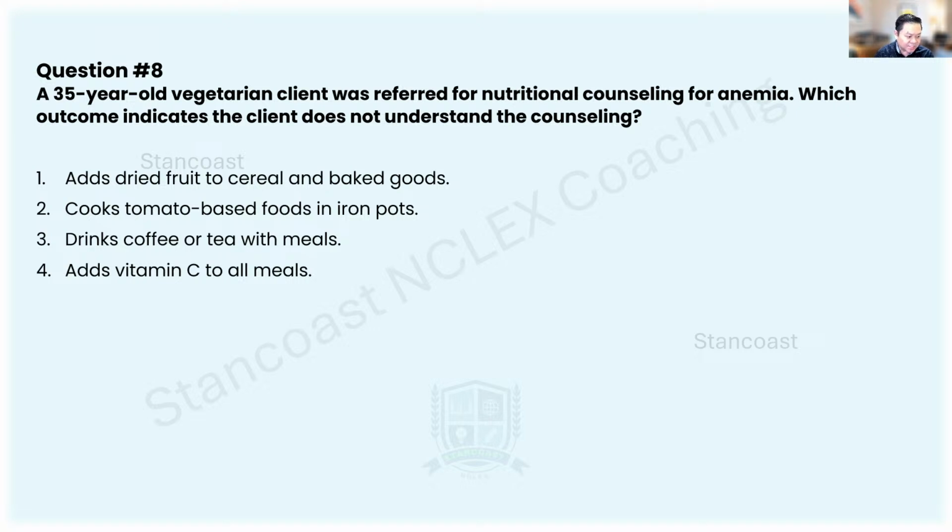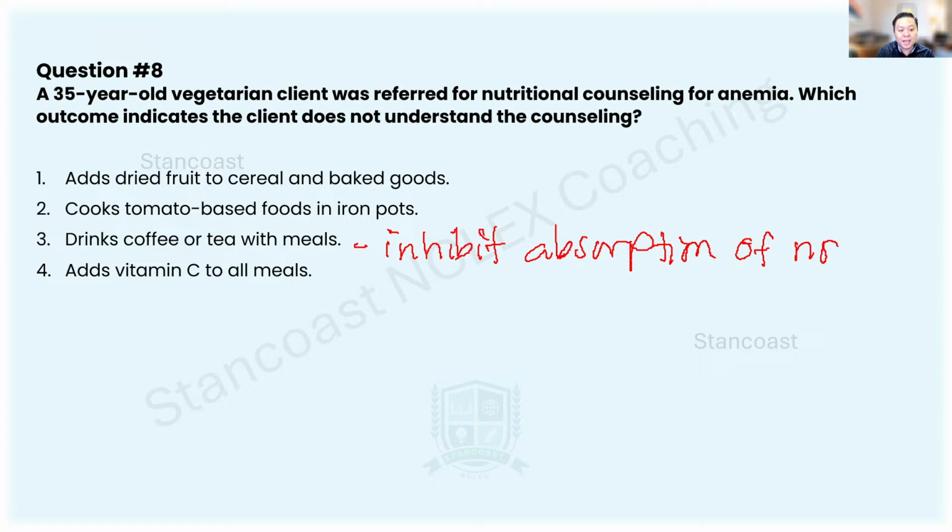Virtuous Lady answered 3. So that is the correct answer. Same thing with Shika and Charity. That is the correct answer because the coffee and tea can inhibit the absorption of the non-heme iron. Drinks coffee or tea with meals, this can inhibit absorption of what? Non-heme iron.